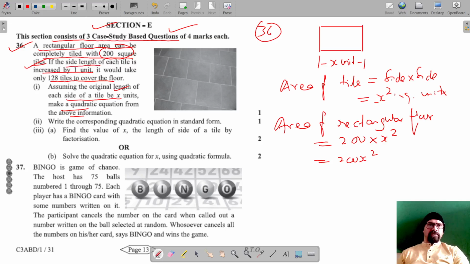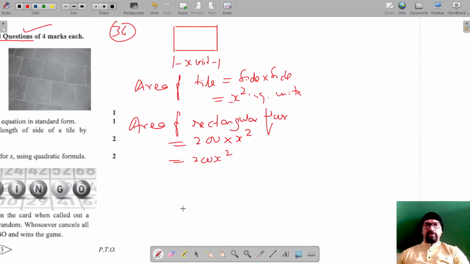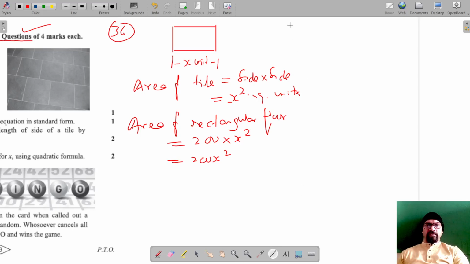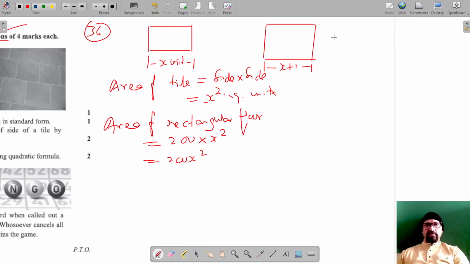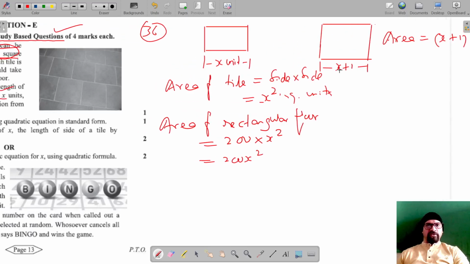Now it's given that the side length of each tile is increased by 1 unit. So the new side length is x plus 1, and the area of this tile is now x plus 1 the whole square.